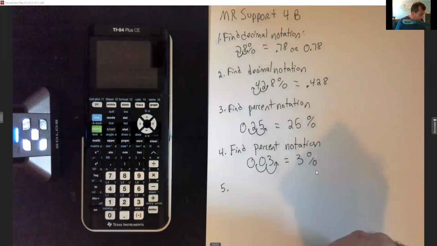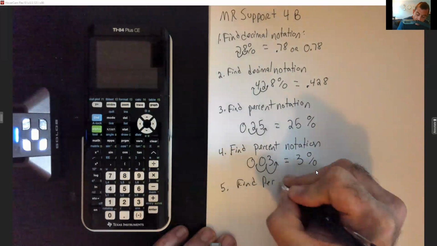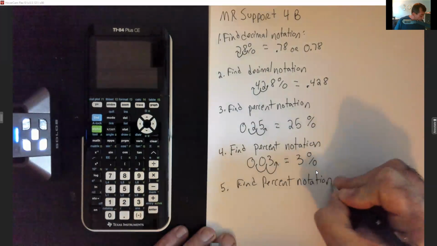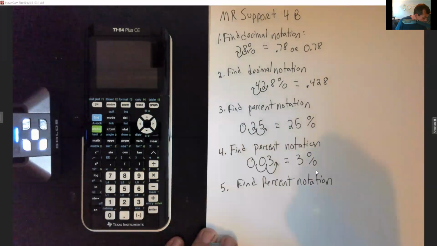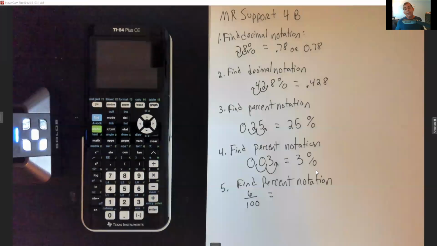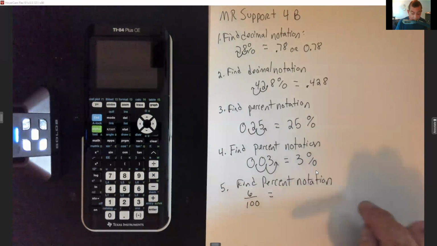All right, y'all, 5. Same thing, find percent notation. But this time they're giving me a fraction of 6/100. So the easiest way is to turn this fraction into a decimal, and then I'll turn the decimal into a percent.